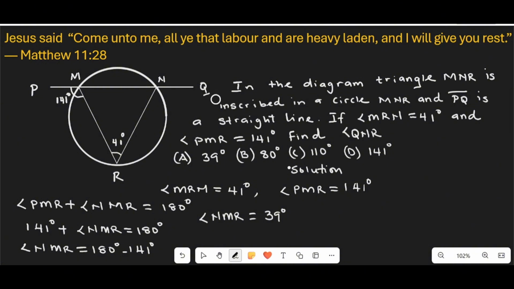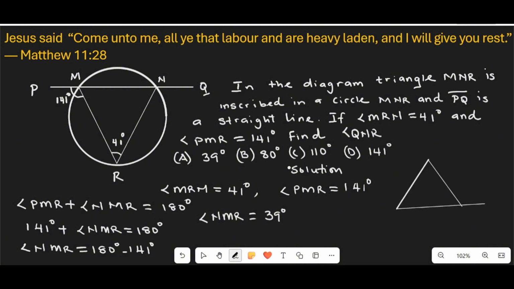Let us use exterior angle of a triangle theorem to find the value of angle QNR. And the theorem says exterior angle of a triangle is equal to the sum of two opposite remote angles. Let us consider this little diagram for better understanding of the theorem.